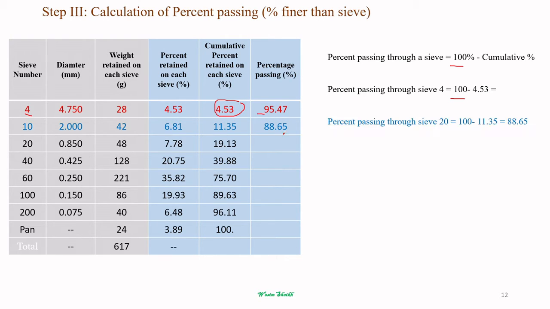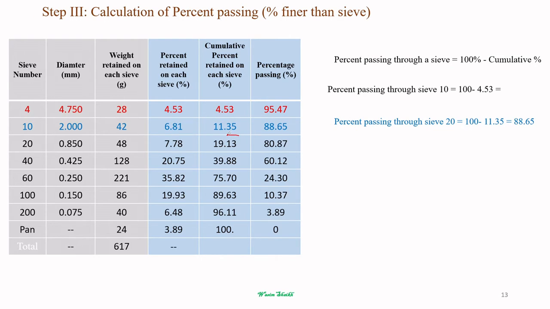Next, for sieve number 10, 100 minus 11.53 will give you 88.65. Then next, 100 minus 19.13 will give you 80.87. 100 minus 39.88 will give you this value. 100 minus this value will give you 24.30. So this is how we calculate the last column in the table.